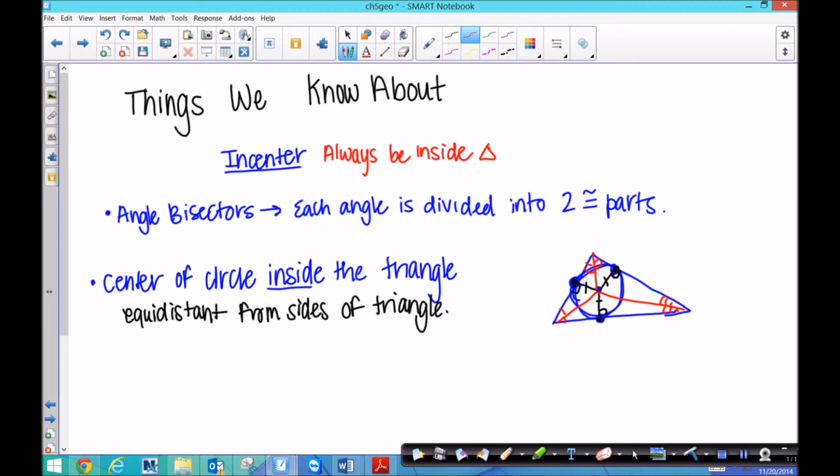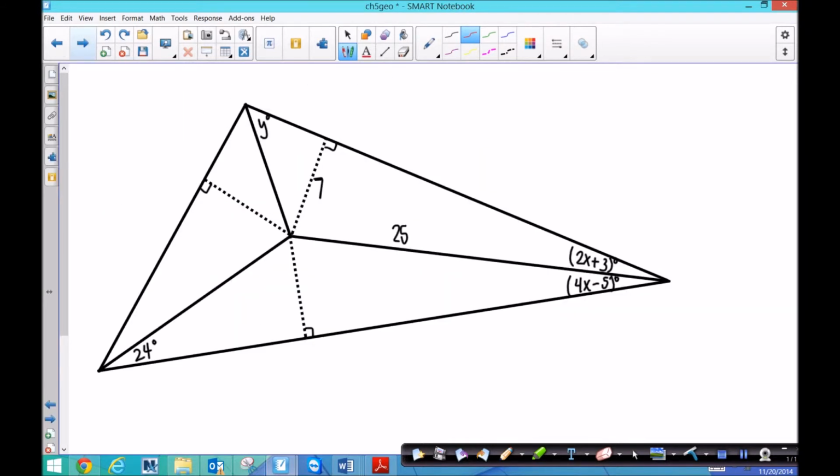It can never be outside the triangle. Okay, and that's really the only big characteristics of our incenter. So if we move on, we can do a couple of problems with this. So we move on to our next page, keeping in mind that our angles are bisected and that we're equidistant from all of the sides.